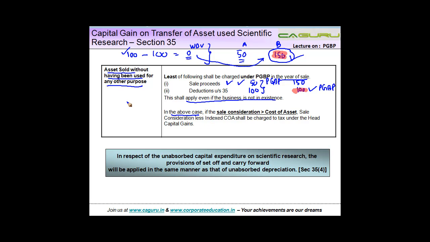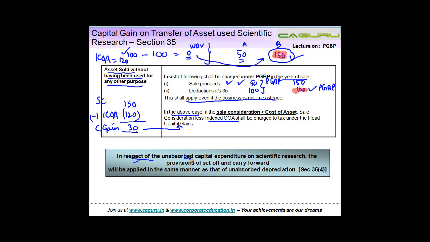Sale consideration, which is, let's say 150, less indexed cost of acquisition. So let's say this was 100 and the indexed cost of acquisition is 120. The difference is 30. This shall be charged under the head capital gain. So this will be capital gain. Got it?